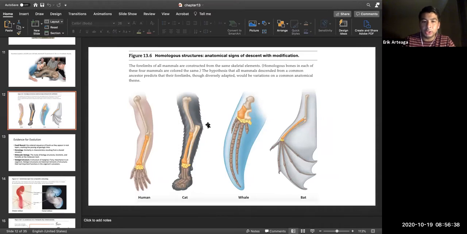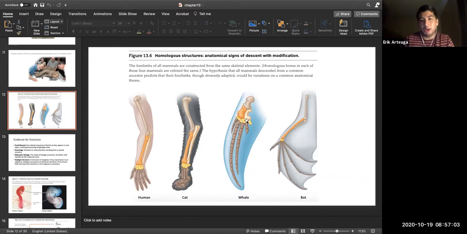So homologous structures: we're looking at mammals or organisms within that same kind of group or phyla that have similar bone structures, but they have different uses of those structures. So a whale is very different from a human or a cat, and it looks more like a fish, but we do have the same bones.